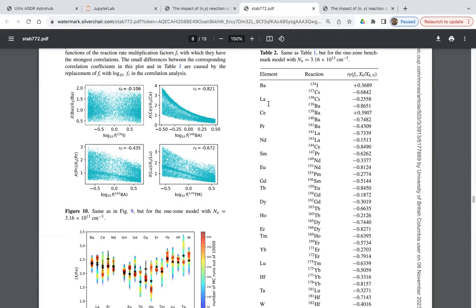Now you can see that lanthanum has the strongest negative correlation with barium-139, and the correlation coefficient is minus 0.86.